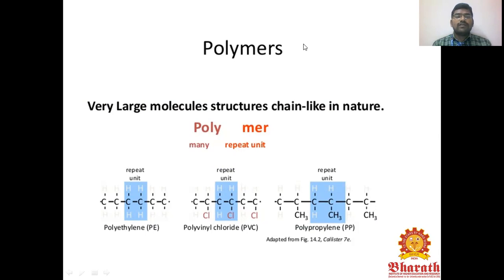In polyvinyl chloride, there is alternate substitution of chlorine: one carbon is attached to the chlorine and another carbon is attached to CH2, so CH2-CHCl, CH2-CHCl. This is polyvinyl chloride, PVC. Next one is polypropylene, PP. Here one carbon is substituted with CH3, CH2-CH-CH3. This is the repeating unit of polypropylene.